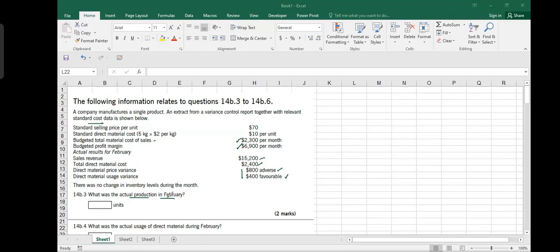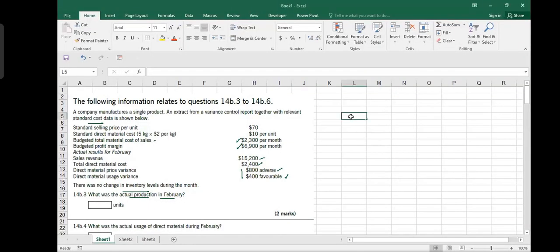So you have to go back and think, starting from the end and going backward. What is the actual production they told us? We know that budgeted data was given, and then they told you some actual results. It should be very simple.